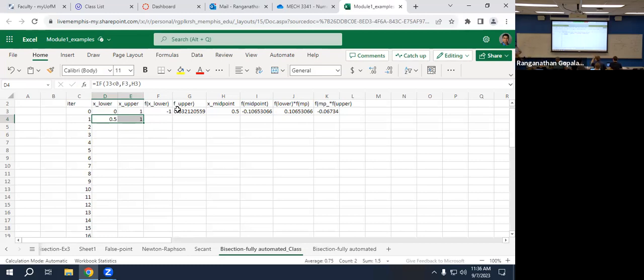Were you not putting it in the f of x lower and f? I made a mistake. I should have put it here, not put that. Try punching this and see if you are able to actually get Excel to give you 0.5 and 1 instead of you entering it.